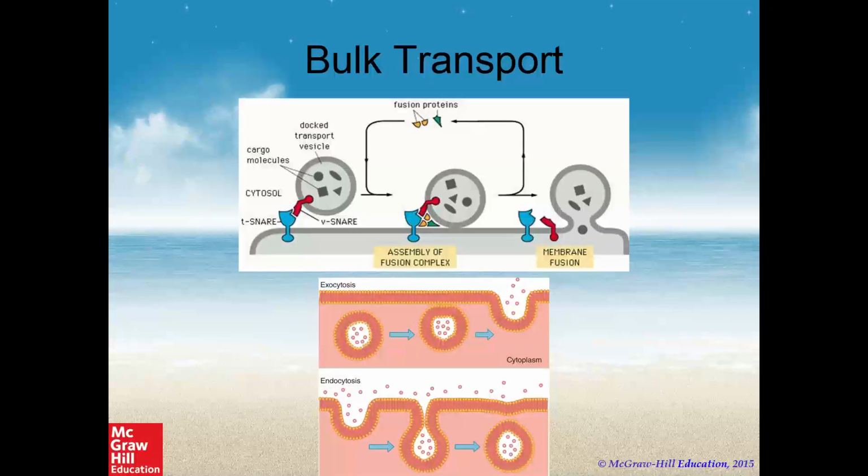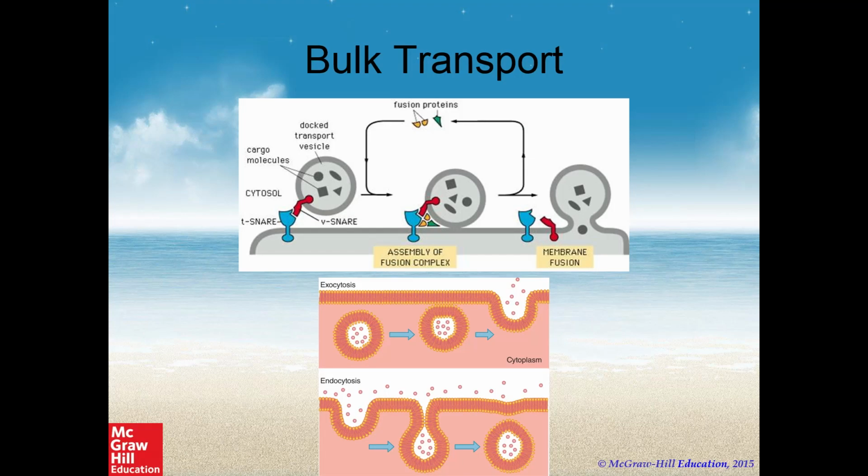It's referred to as bulk transport. Bulk because they're substances that are too big to travel through channels or facilitated diffusion carriers or anything like that. These are large substances that have to be moved across the membrane either by endocytosis or exocytosis. Bulk transport.